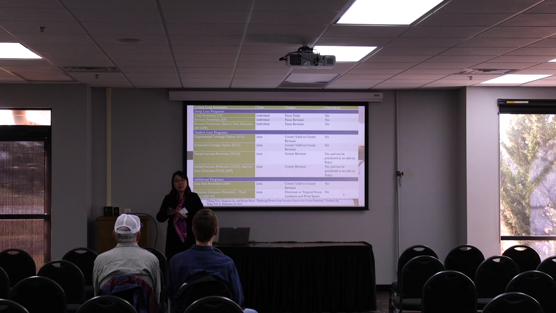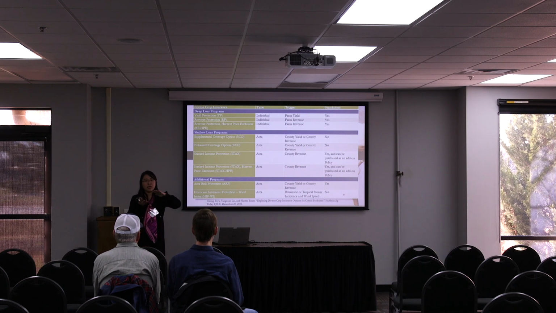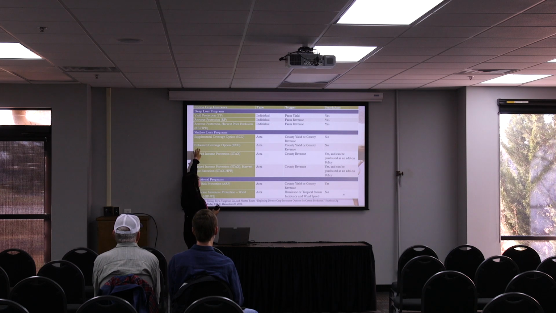And then there are also shallow loss programs in crop insurance. That means they cover a certain level of the losses, but they won't cover after that when the yield gets lower. Those include ECO, SCO, STAX, and STAX with harvest price exclusion. For SCO and ECO, those require a companion policy. Those require yield protection or revenue protection to be able to add them on. So you cannot purchase ECO and SCO by itself.